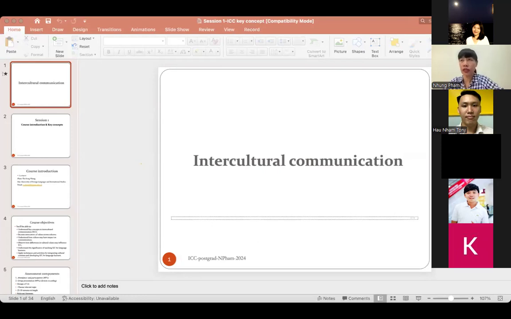Also included in this presentation is a set of implications or suggestions for teaching English as a foreign language. So from what you have come across and you synthesize and you combine and you presented, what are some of the suggestions relevant to what you have just presented that can be applied to the teaching of English as a foreign language to help your students to develop the ability to communicate in cross-cultural contexts.